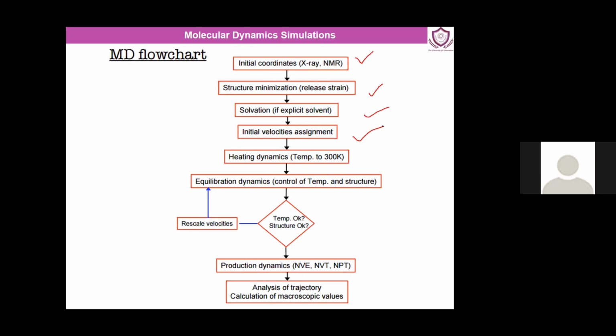Now, when we talk about proteins, proteins are generally made up of amino acids, and these amino acids are joined by peptide bonds, and they are not static as seen in an image. So whenever we see an image of a protein, we see secondary structure elements like alpha helices or beta sheets or loops, but actually they are not like that. They do have secondary structure elements, but they are dynamic in nature.